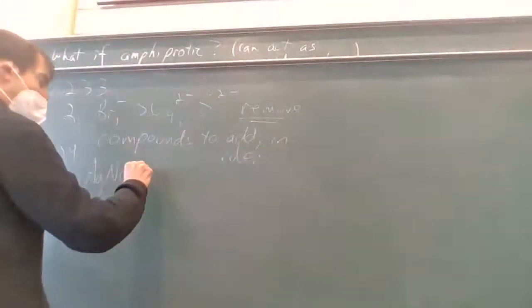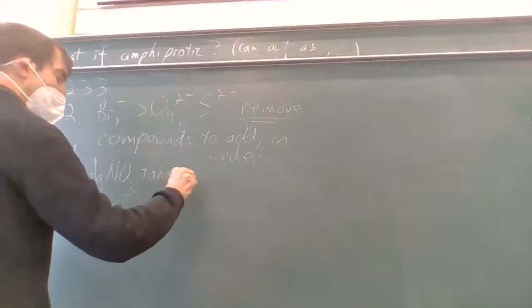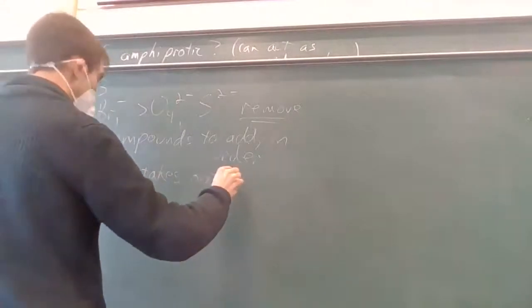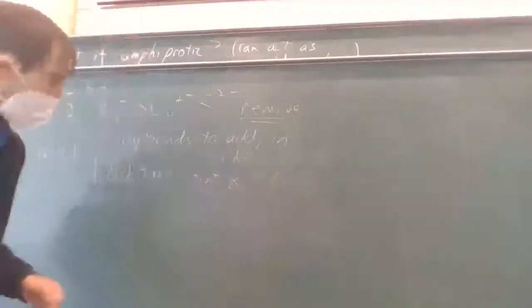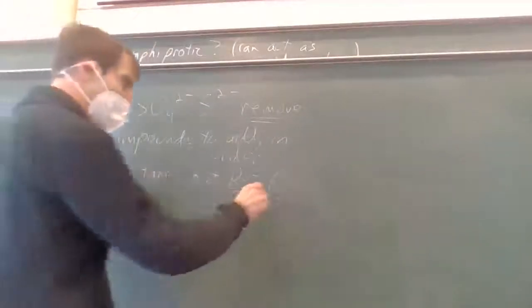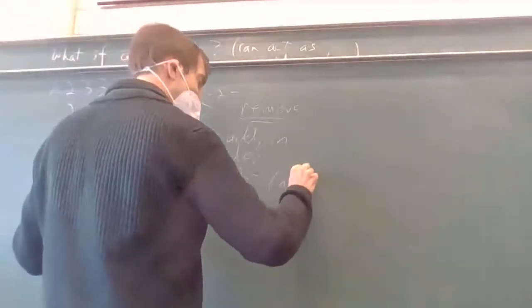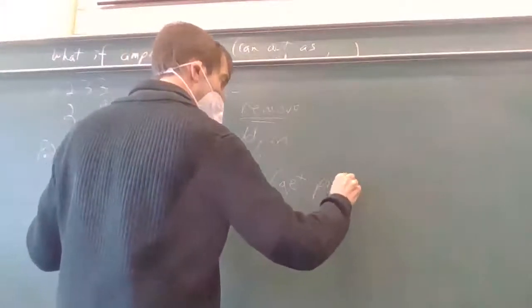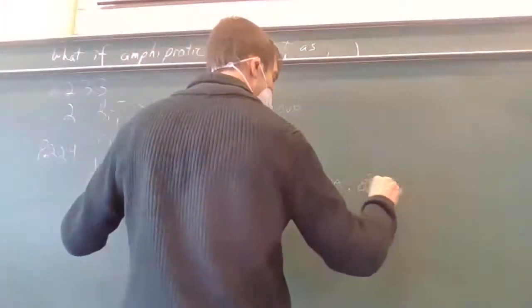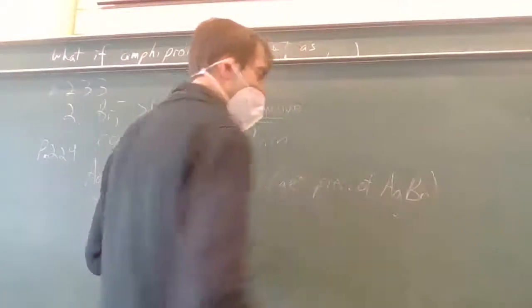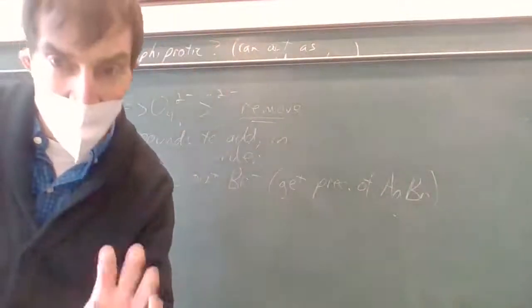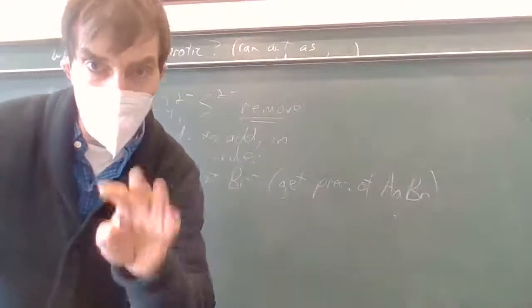So it takes out Br minus. Why? Because the Br minus is going to grab on here, and I'll get a precipitate of AgBr. So that's the deal, Bella. So I can pull that out.